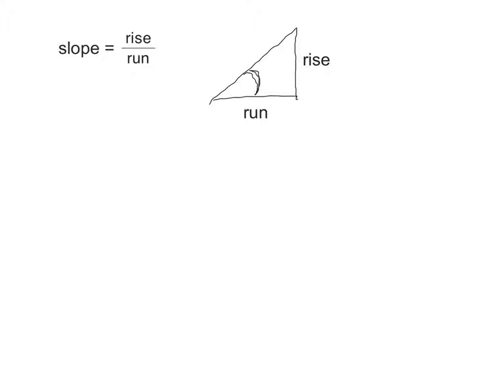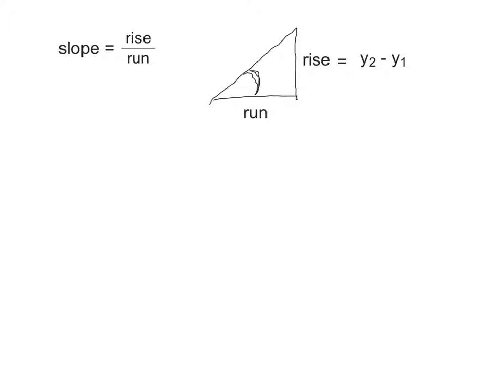Well, let's take that a step further and think back to our xy coordinate plane, and what is rise equal to? Rise is simply equal to the change in y values, okay? Well, we've got y2 minus y1. So that's this displacement, or rise, is just the change in y values.